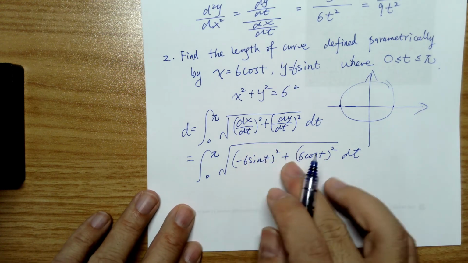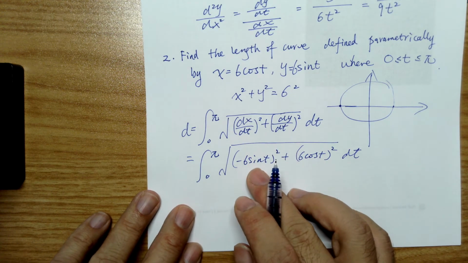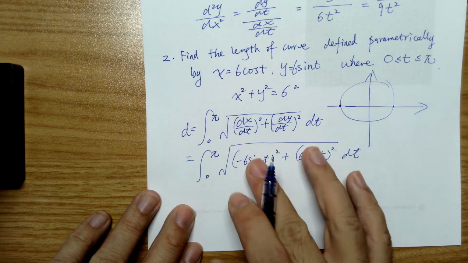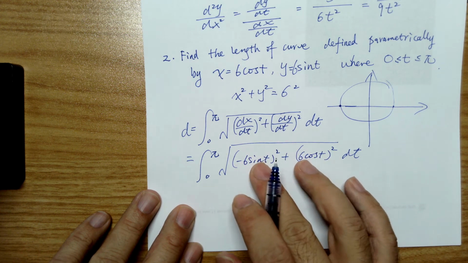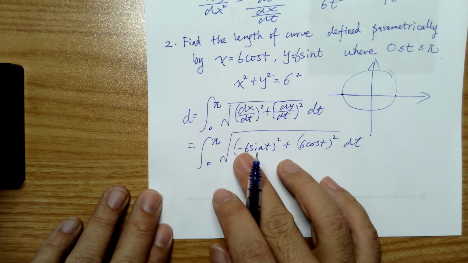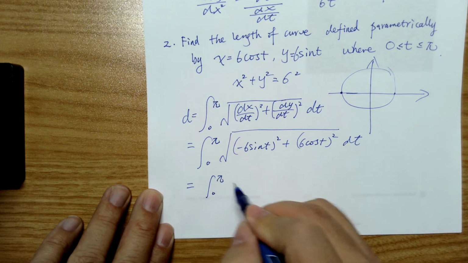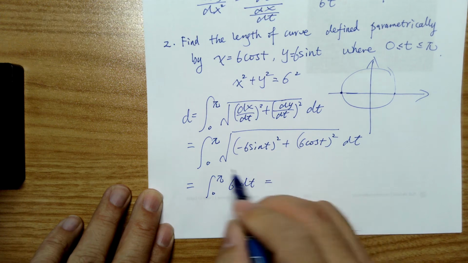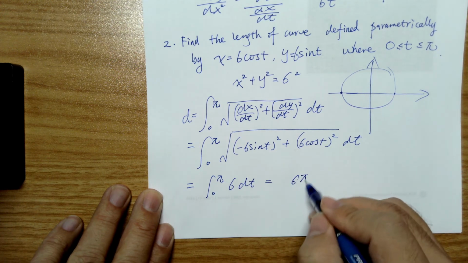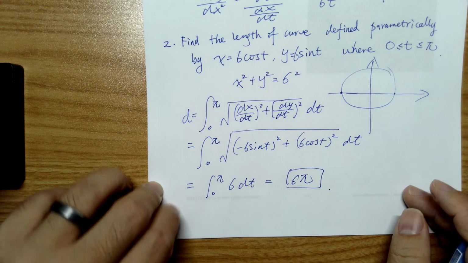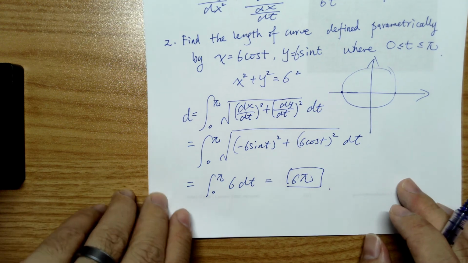This is based on the trig identity. So under this square root is 6 squared, and a square root of 6 squared gives you 6. And we know that the evaluation of this integral is equal to 6 pi. Okay, that's pretty straightforward.